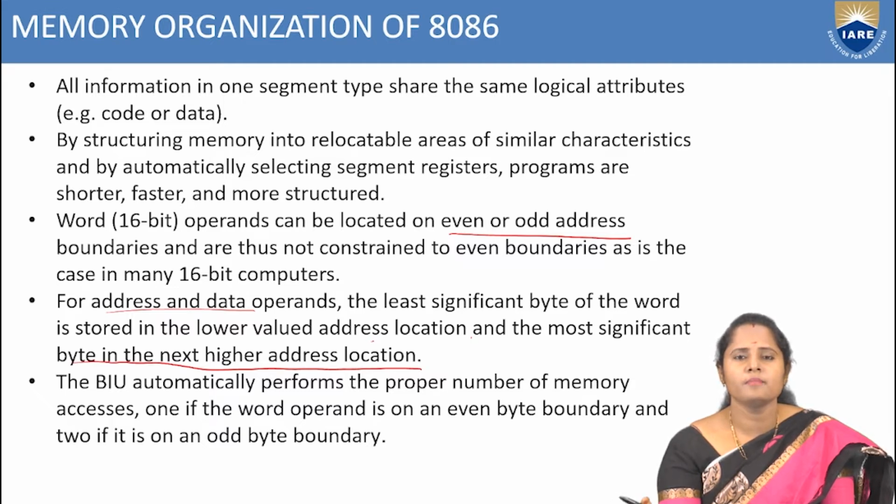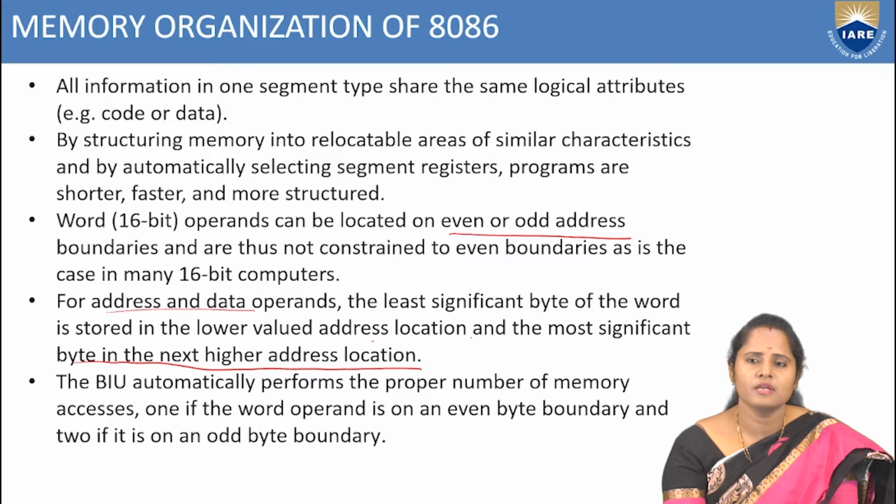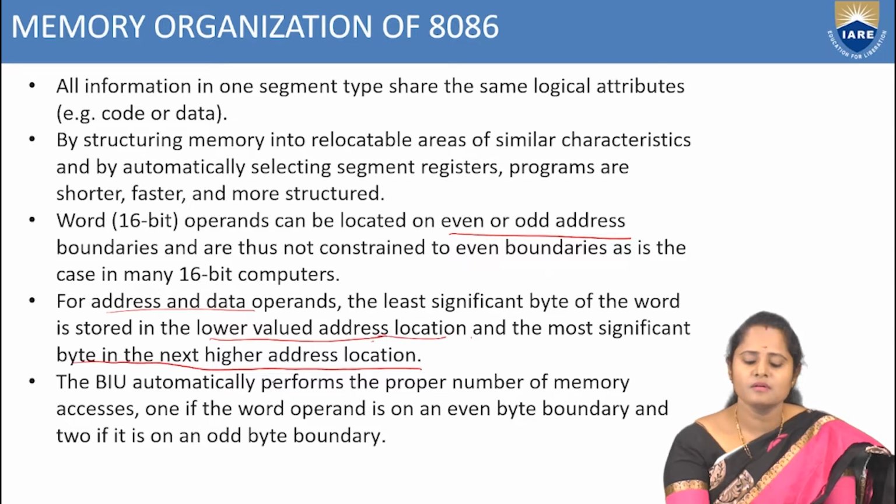Overall, the lower byte plus the higher byte indicates a word. When accessing the data, you need to access first the lower byte, then the higher byte. The lower byte is addressed in the lower value address location, and the higher byte is given in the next higher address location.